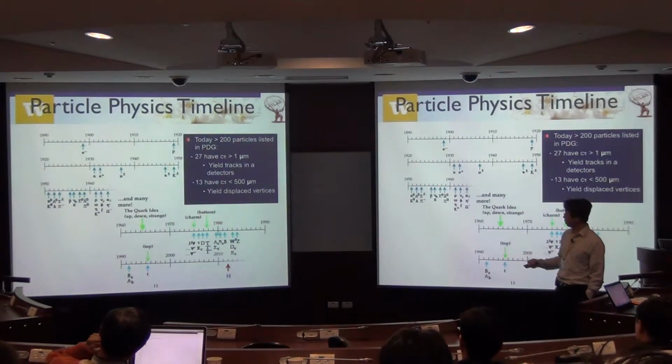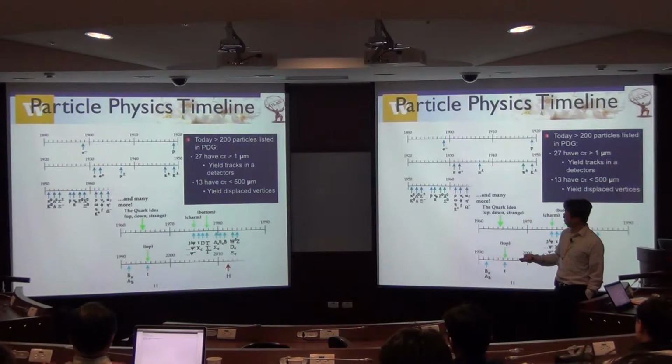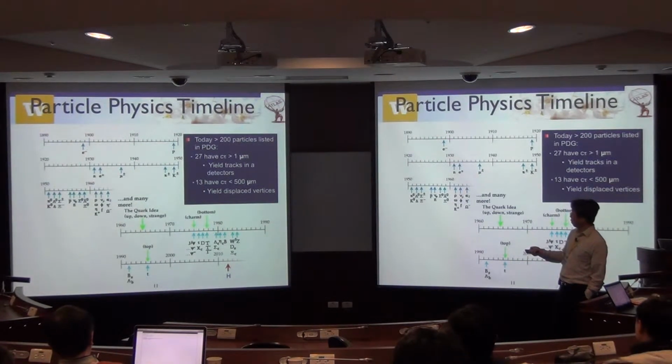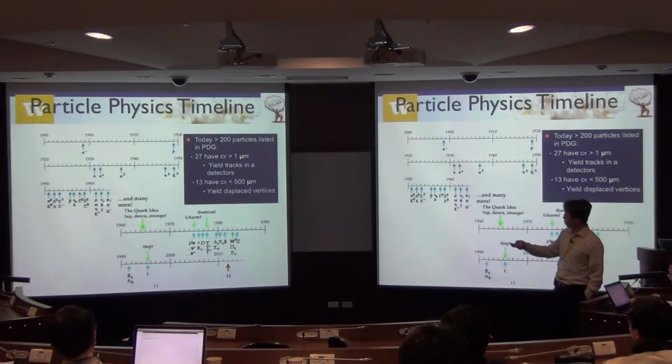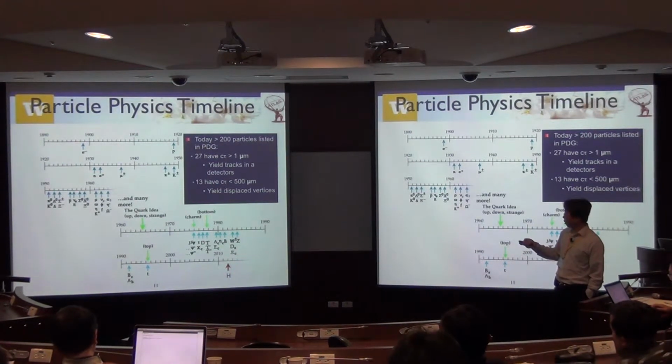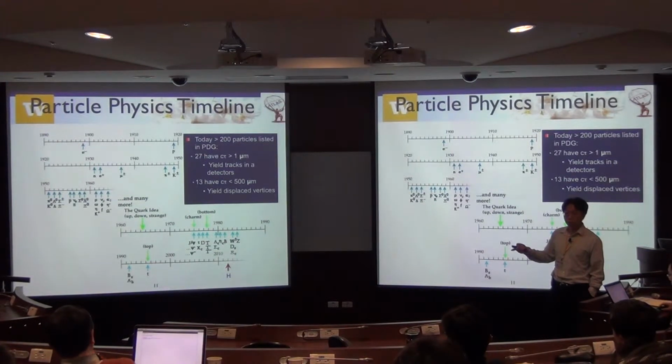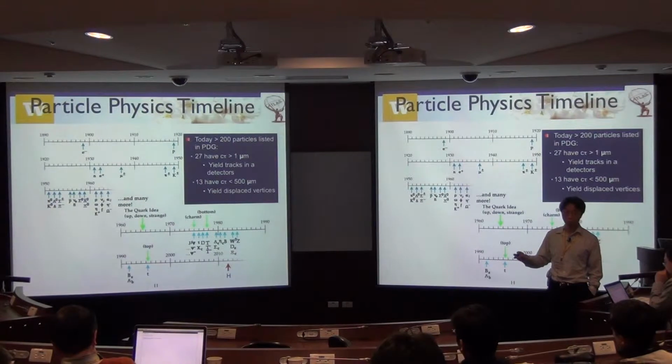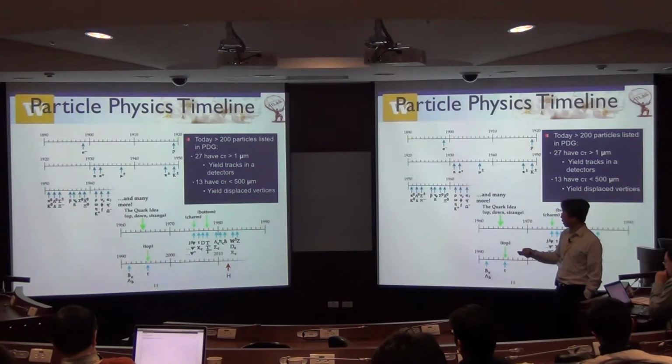So now, around the time up to here, we have roughly 200 particles observed at the time, and we actually did not have a full model to discriminate which one is an elementary particle or which one is a composite particle. But nowadays, we have a much clearer picture.